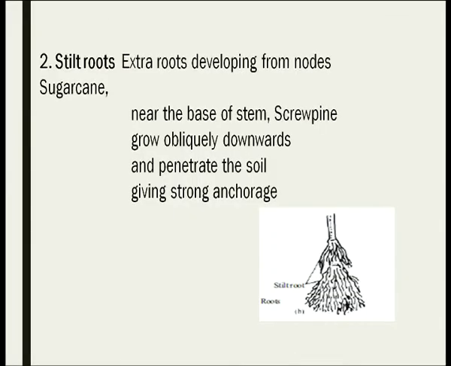And then stilt roots were present in sugarcane. I told you about this, that certain roots from the sides of the plant in the aerial portion develop and provide extra support to the plant, because generally you see that the sugarcane is a very tall kind of plant and it needs extra anchorage.